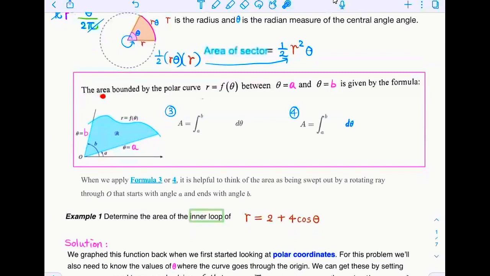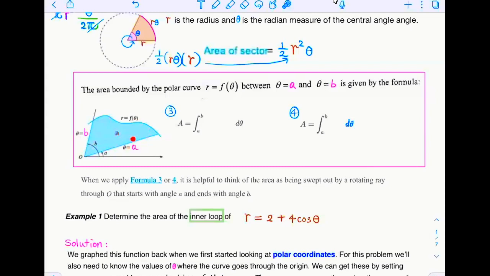Now, what about the area bounded by a polar curve? This polar curve over here, between theta equals a and theta equals b. So think about this area over here, the blue area. As theta increases from a to b, this ray from the pole to this polar curve is going to sweep out this region.